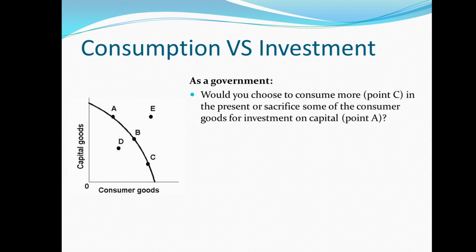But at the same time, people have more consumer goods, so pretty sure they will have a better standard of living. But if you give up some of the consumer goods and try to invest in capital goods, then in the short run, those people might not be able to enjoy a better life.